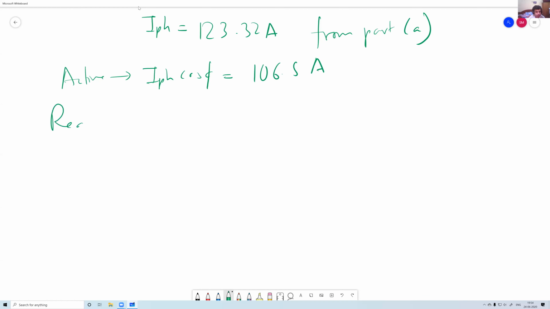Reactive would be I phase sin phi. So that would be 123.32 times square root of 1 minus 0.86 square, which is 62.9 amps.